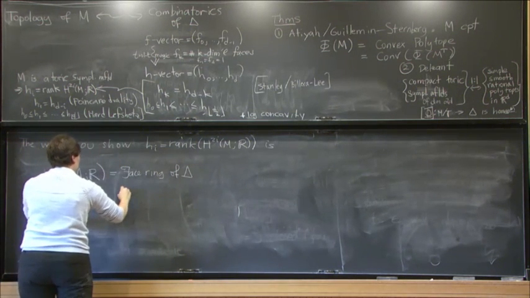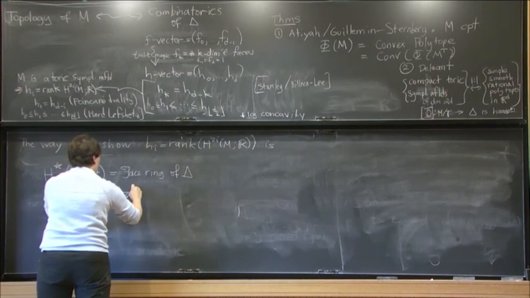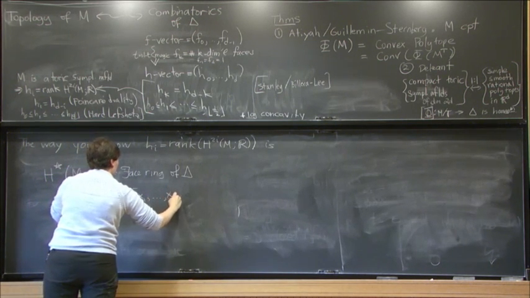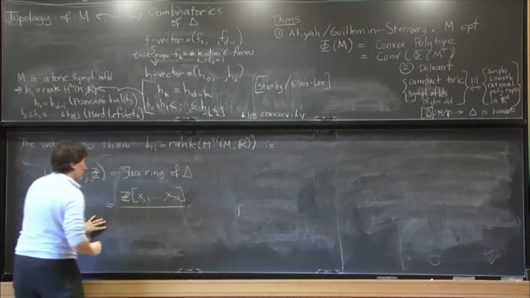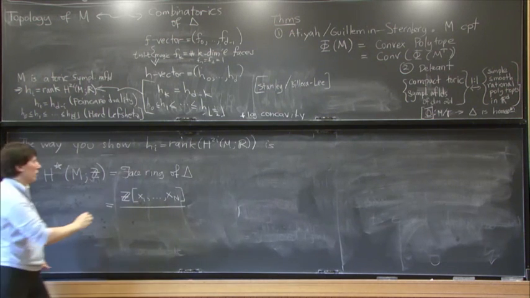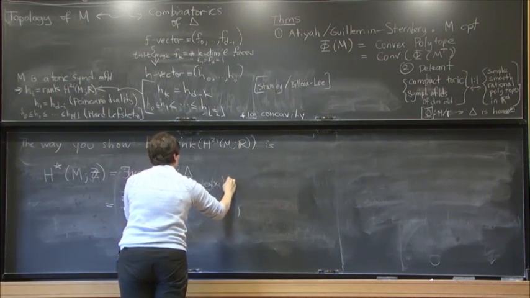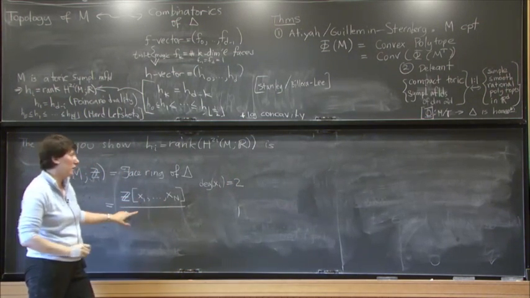This works over Z. It's generated by n classes, each of degree 2, and there's one of these for each facet of the polytope.